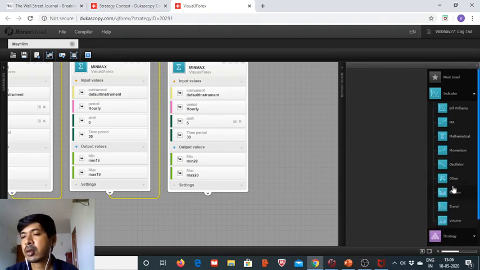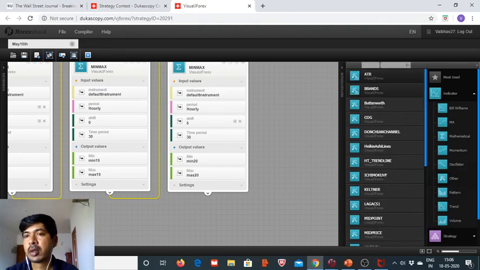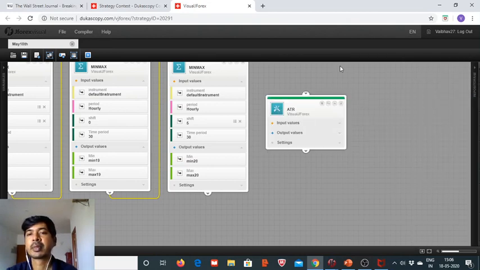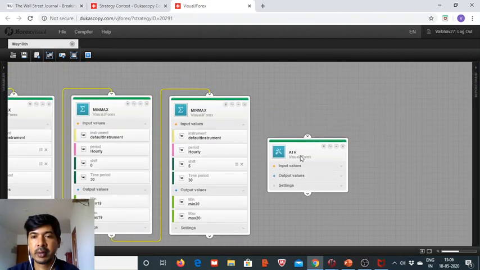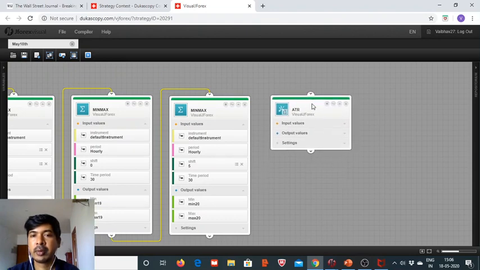Indicators, and here we got the other. We make it a daily time frame.